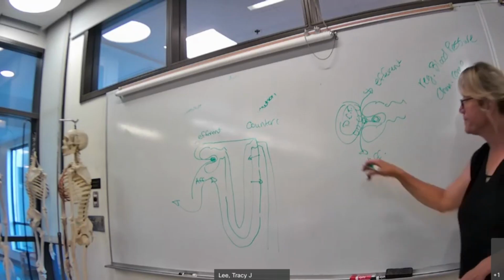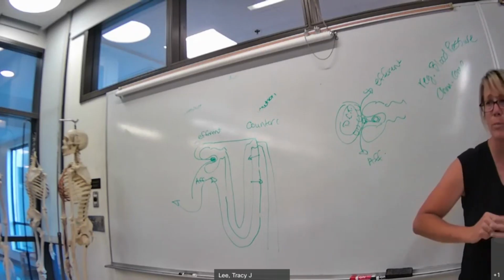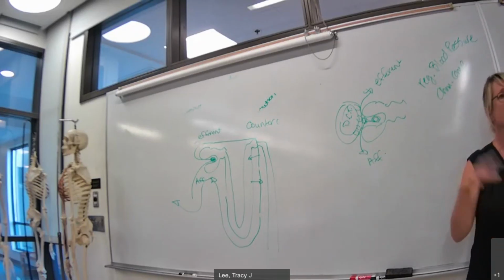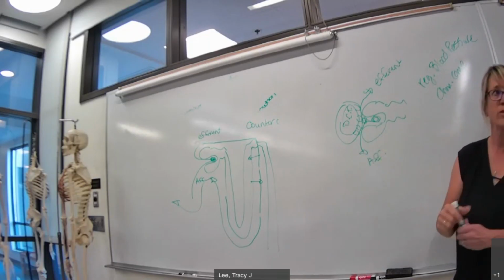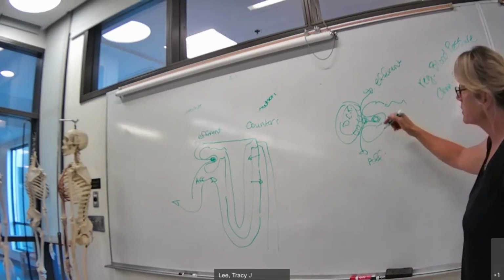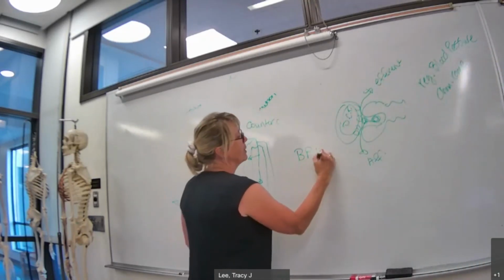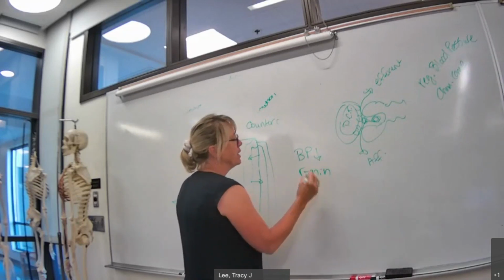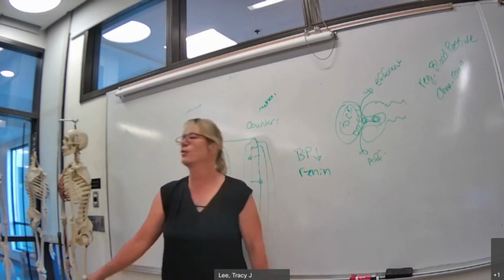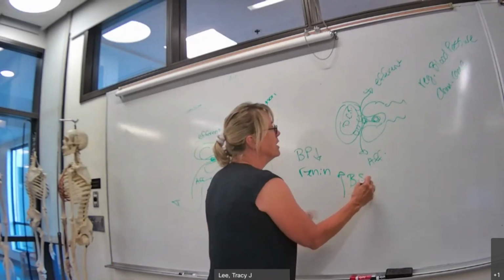So for blood pressure, if my blood pressure is low, our heart doesn't like it when our blood pressure is low either, right? It affects our cardiac output. So one of the hormones that we're going to see secreted if my blood pressure is low is the hormone renin. I would say renin ramps it up. So renin is going to ramp up our blood pressure.